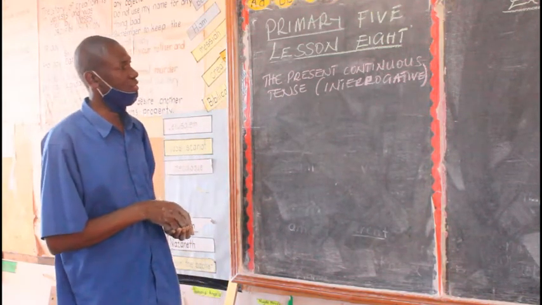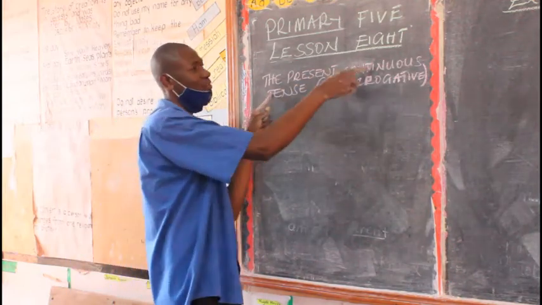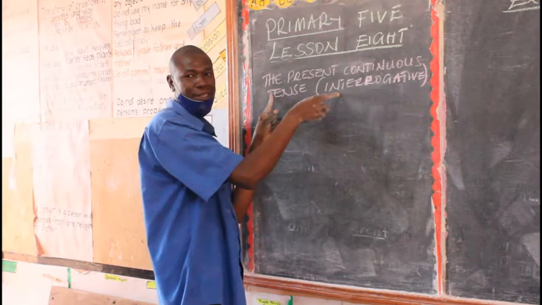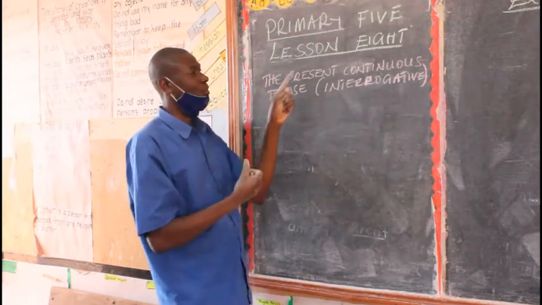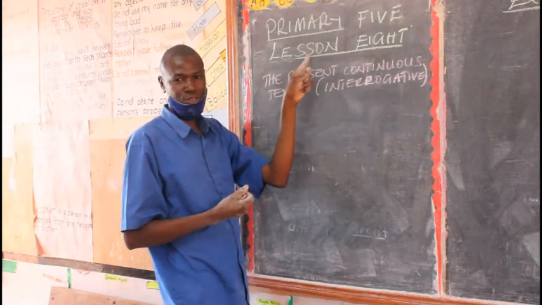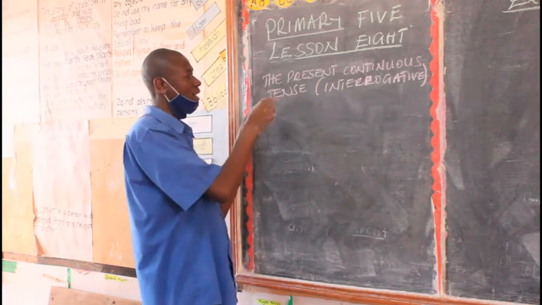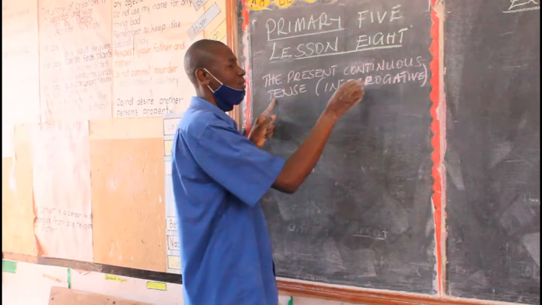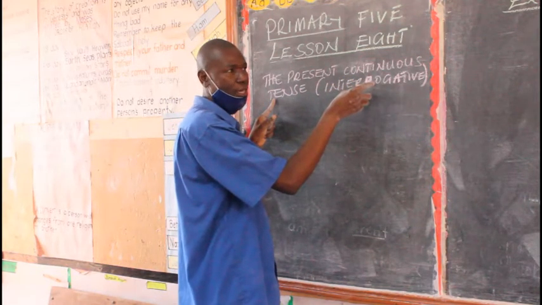So today we are still looking at the present continuous tense, also in another form. In the other lesson, we talked about the negative of the present continuous tense. Now today we are looking at the present continuous tense interrogative.